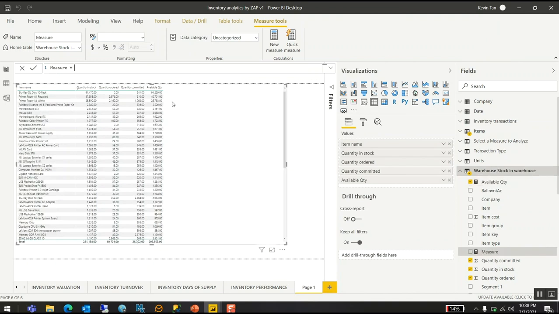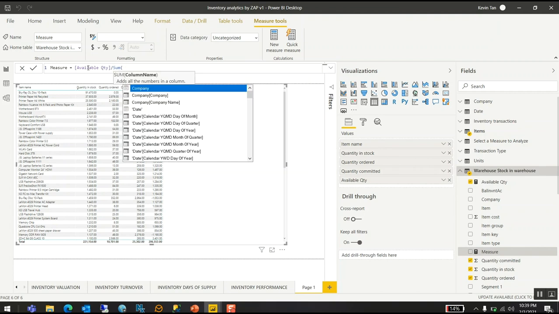Now, if I want to use an existing measure, I don't have to put a sum against it. So this formula is written as the available quantity, divided by the on hand. Now the on hand being a natural value that comes out of the tables, I still have to put that sum.